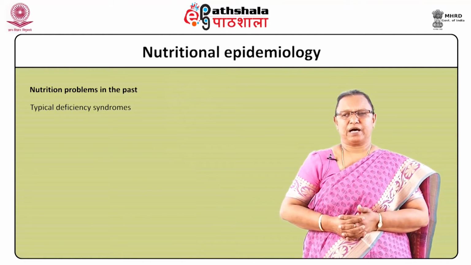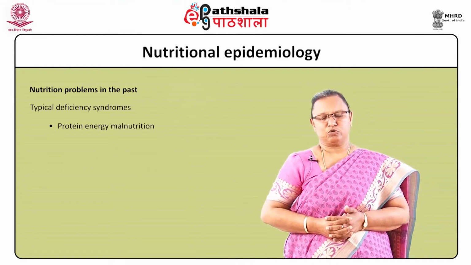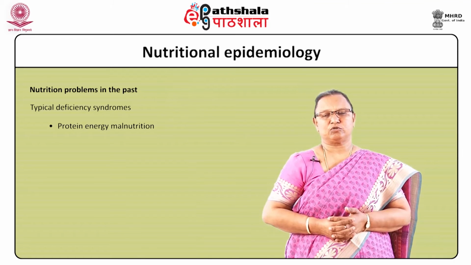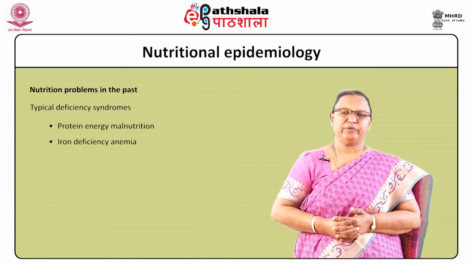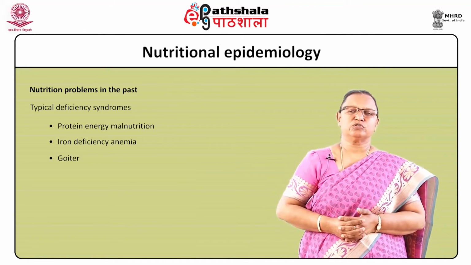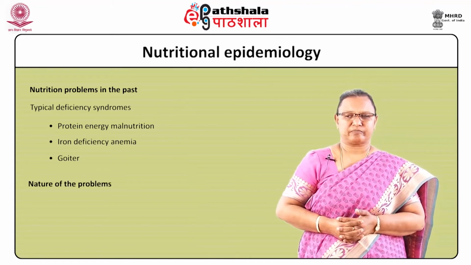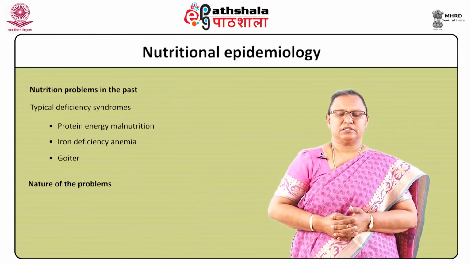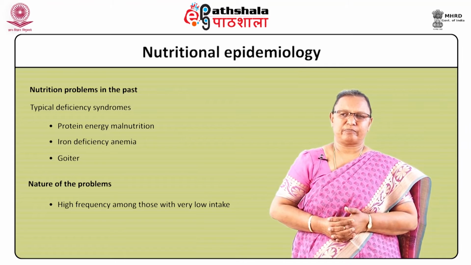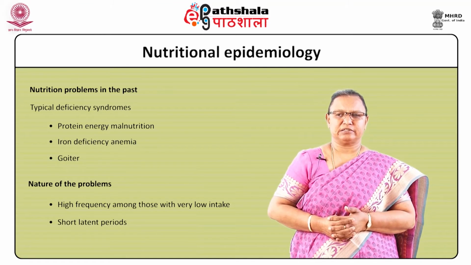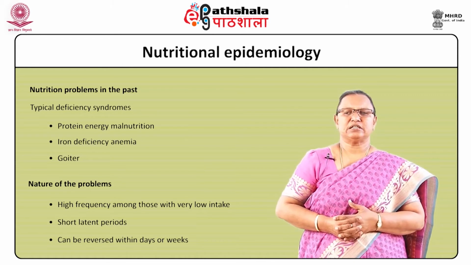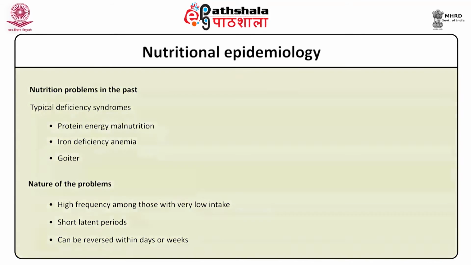Nutrition problems in the past were typical deficiency syndromes, like protein energy malnutrition among 3 to 6-year-old children, iron deficiency anemia among adolescent girls or pregnant women, and goiter in those living in hilly regions. The nature of the problems was high frequency among those with very low intake and a short latent period, and these could be observed within days and reversed within weeks.